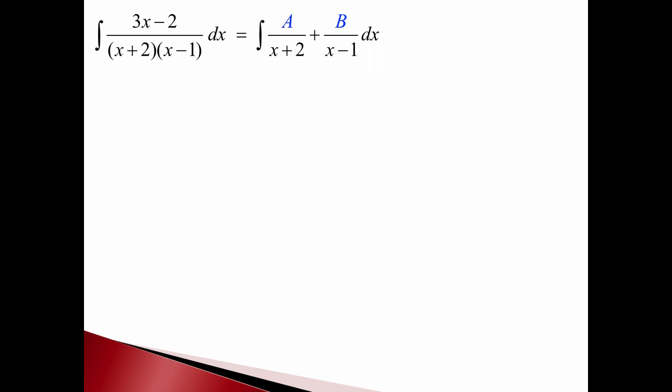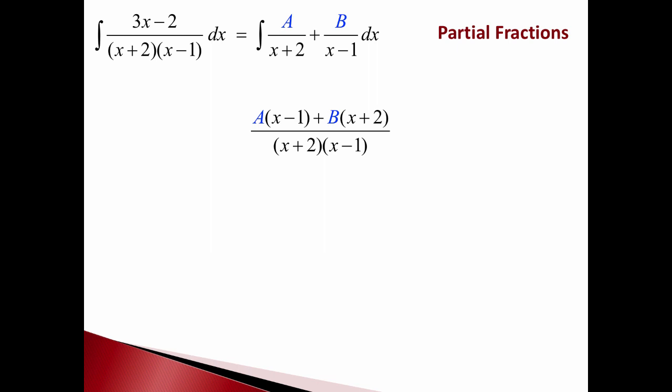We'll call those numbers A and B. And the process of breaking this fraction up into two different fractions like this, the process of uncommon denominatoring, is what we call partial fractions.